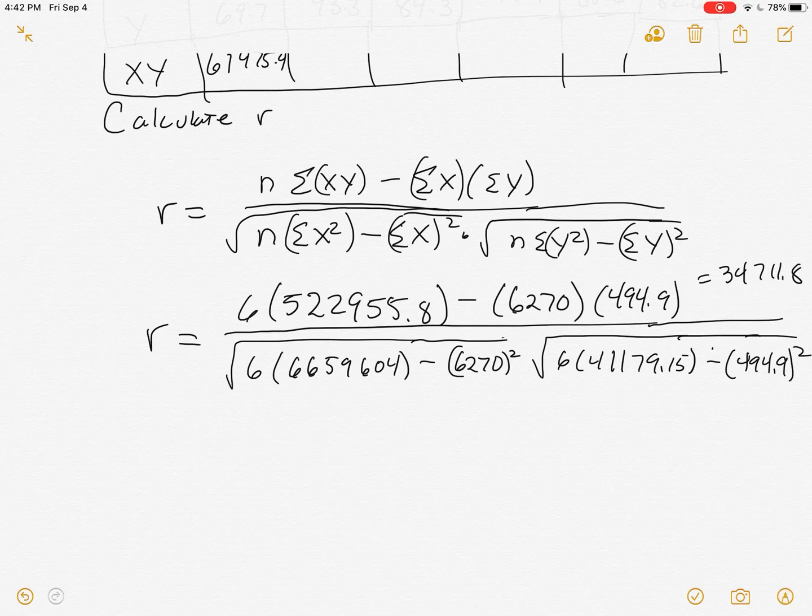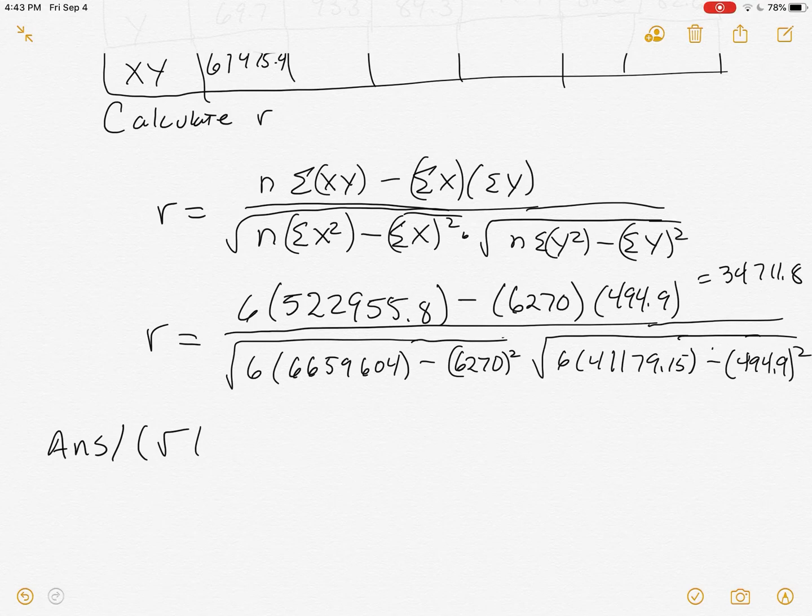So now I'm going to hit divide by, and then I'm going to hit an open parenthesis, and I'm going to type the square root, and it opens up a parenthesis for my square root. So right now on my calculator I see ANS divide, and I put an open parenthesis square root. Now I'm going to be typing in 6 times 6659,604 minus 6270 squared.